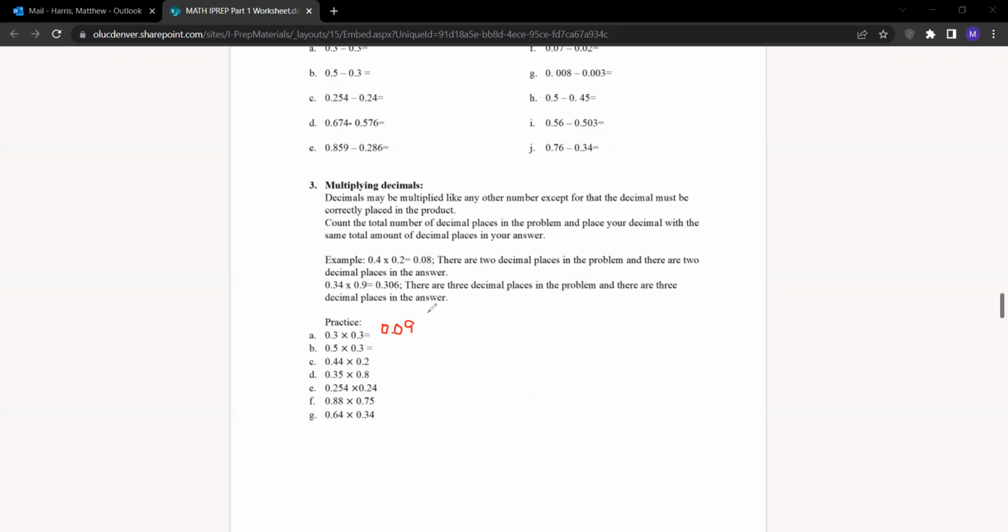You get 0.09. All right, so now we do the same thing. 0.5 times 0.3. We're going to multiply these. 5 times 3 is 15. You need 2 numbers behind the decimal. So 1, 2. You get 0.15.